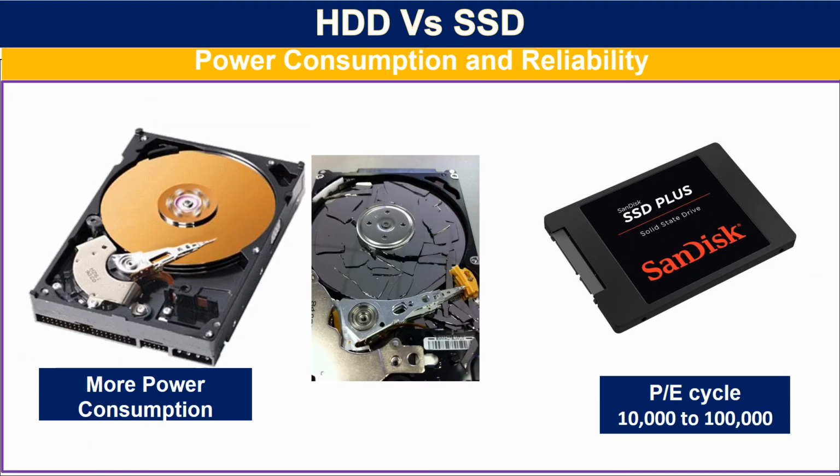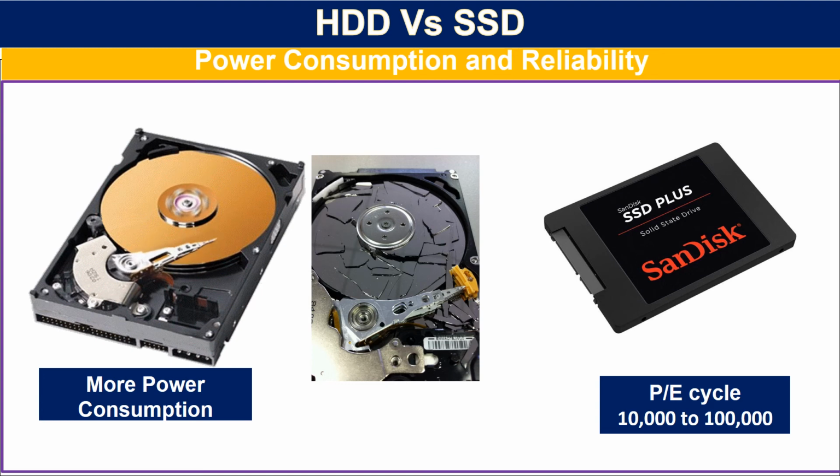Power consumption and reliability. As we have seen, hard disk drives have moving parts, which is why the power consumption of hard disk drives is more than SSDs. Due to the moving mechanism in hard disk drives, they are more prone to damage in case of vibration and shock.